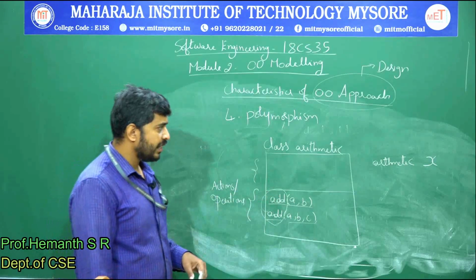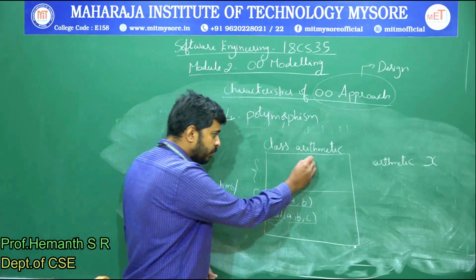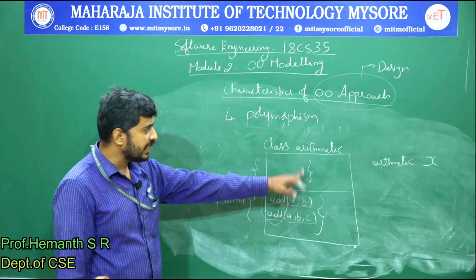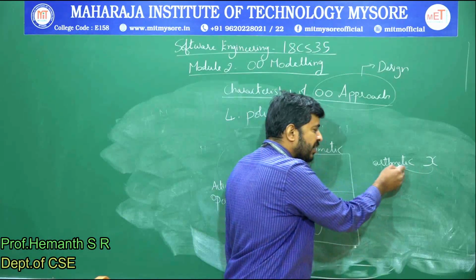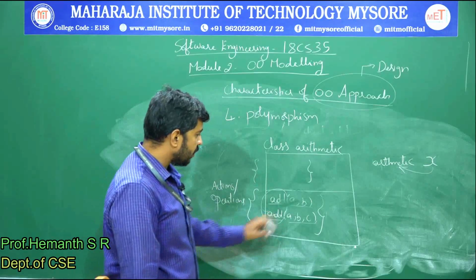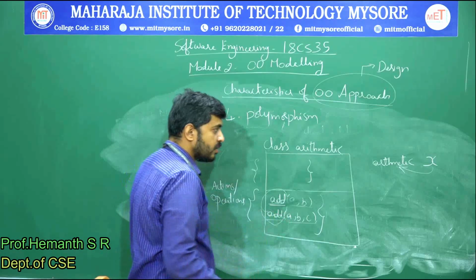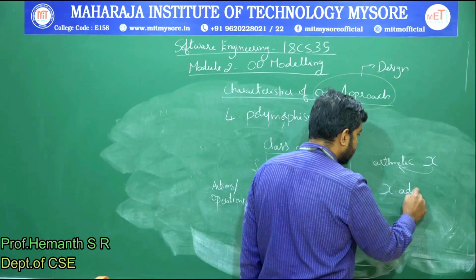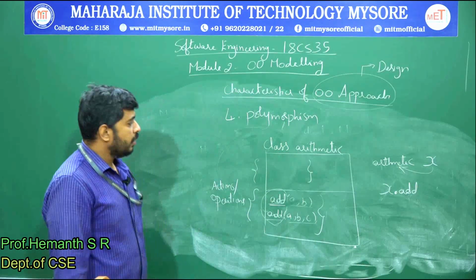So once I create an object x, this object can access all the attributes and operations that is there in that class to which it is associated. Please note, x is associated with the class arithmetic. Now I want to call this function add. I want to use this function add. So I will give like this, x dot add.